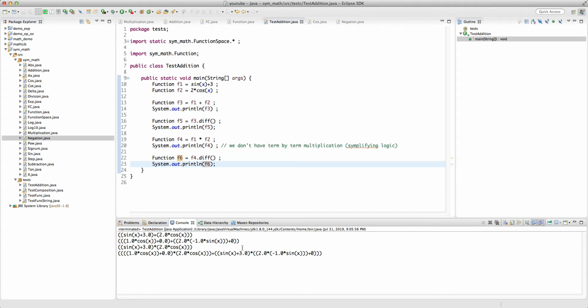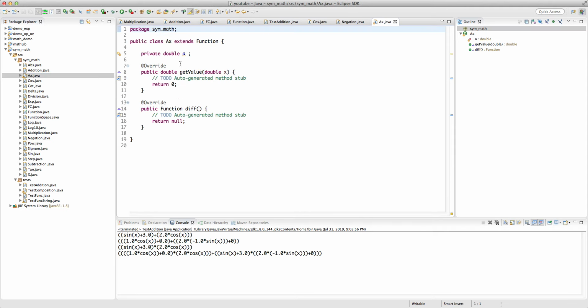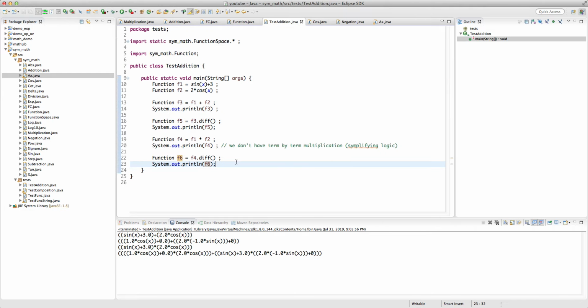Alright, so this was the general idea of implementing a function space. There are also other functions that we can implement, for example, a times x. The reason it's good to implement this is as follows.